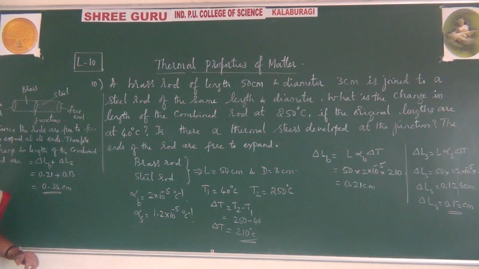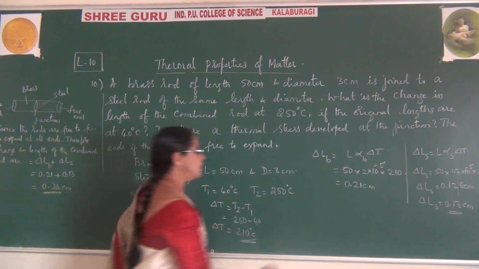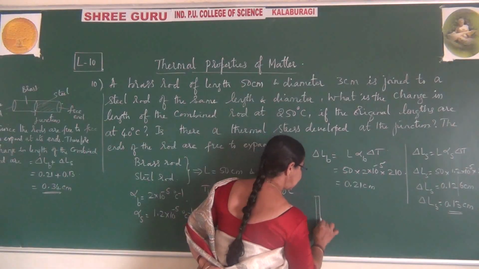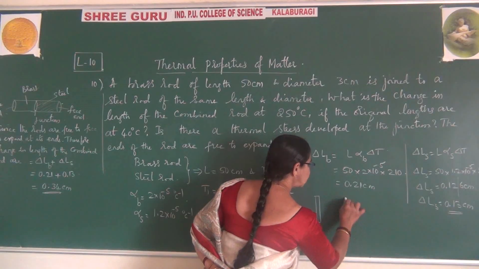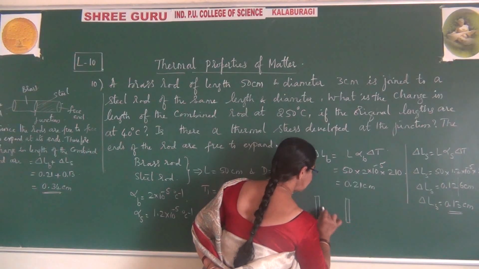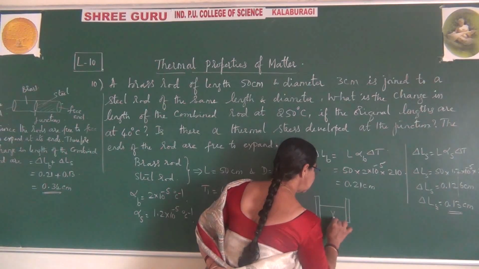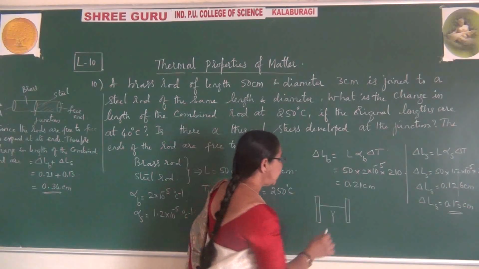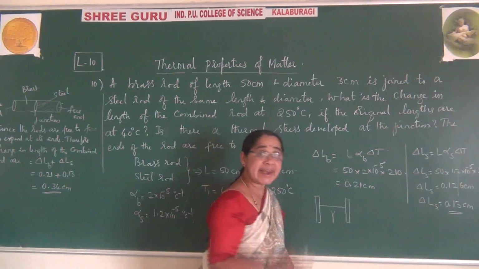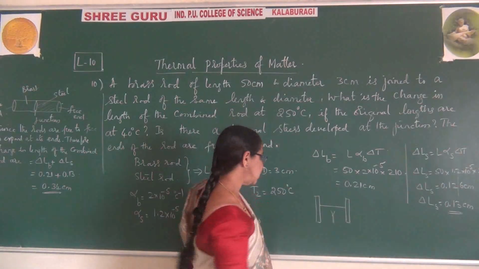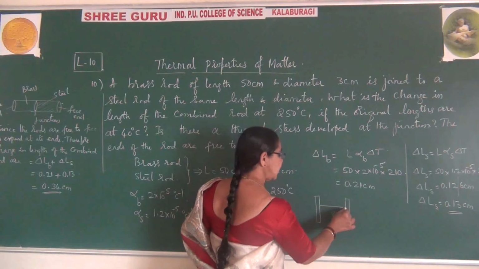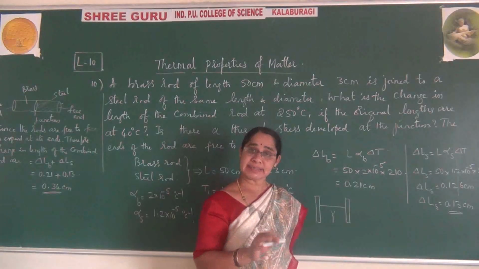Because in the earlier class I gave one example. If these two are rigid supports, and we join the rod between them and just heat it, naturally when you heat it, it expands at its ends. Whenever it expands at its ends, naturally a stress is developed at its ends.